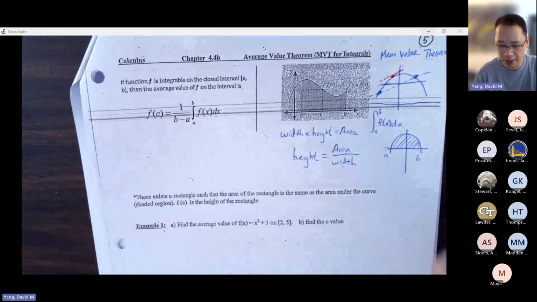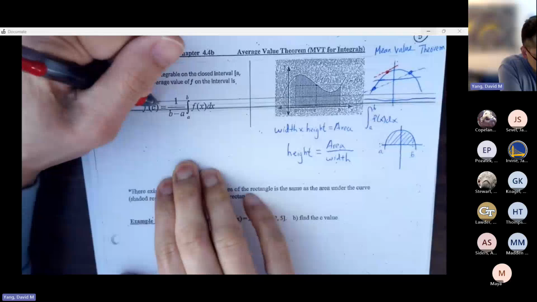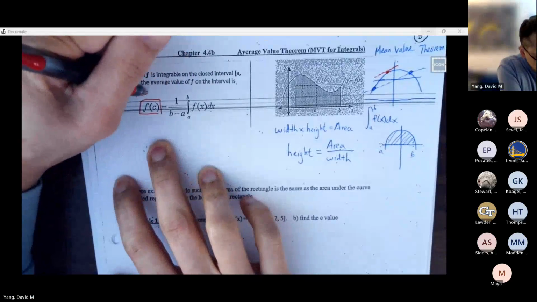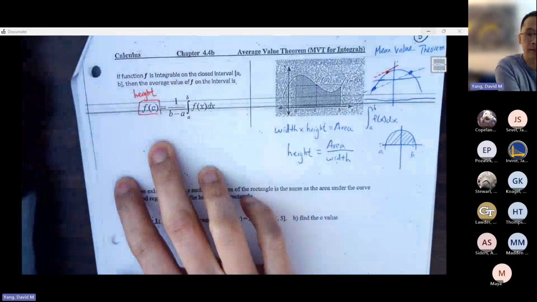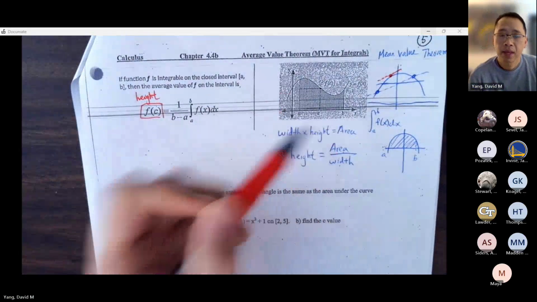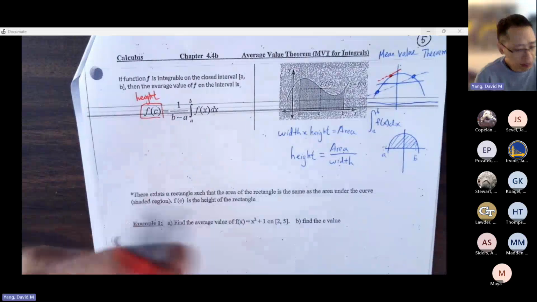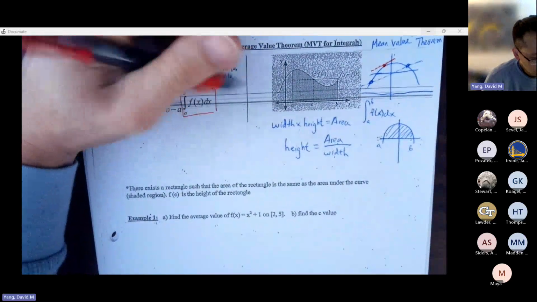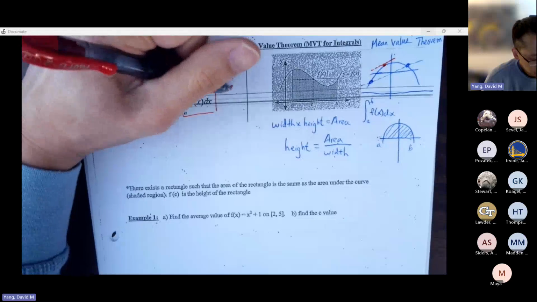F of c represents the height, or in this case, the average height of our curve. The integral from a to b of f of x dx represents the area.